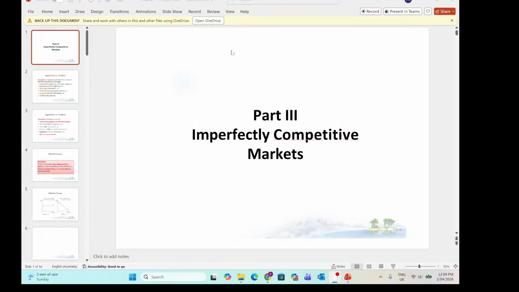So if we transition back to our slides, I'm going to start with our assumptions of perfect competition. And then today, in monopoly, we're going to look at two characteristics that don't actually hold anymore. So let's get into these now.